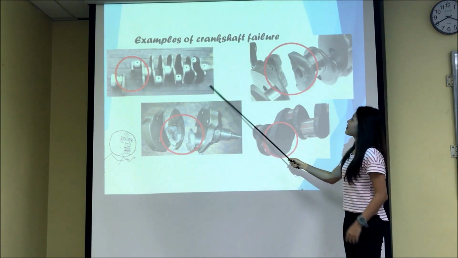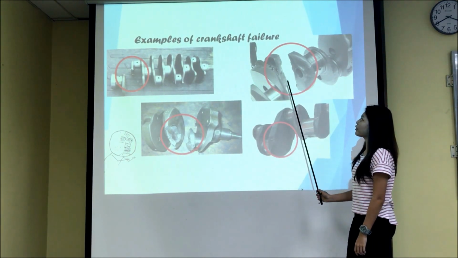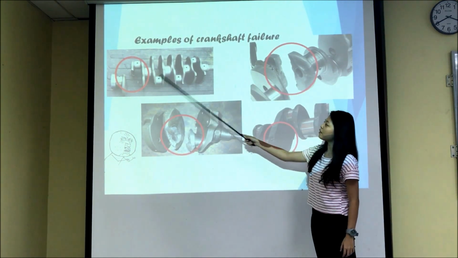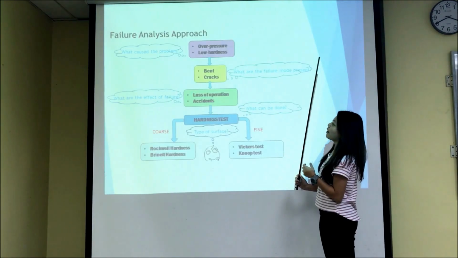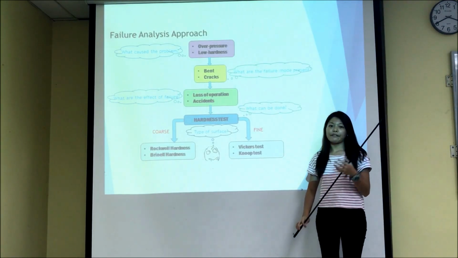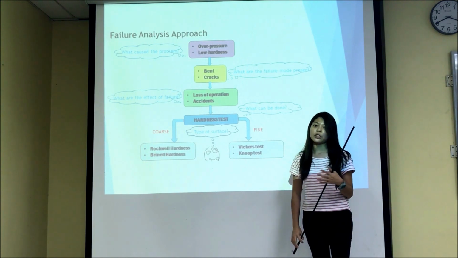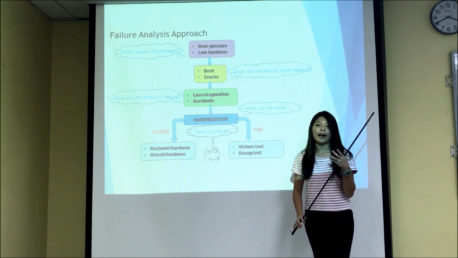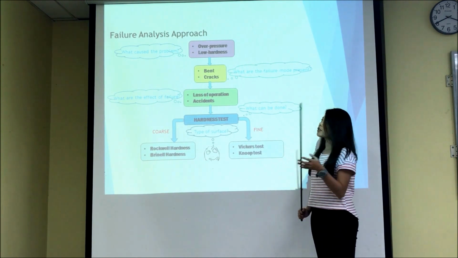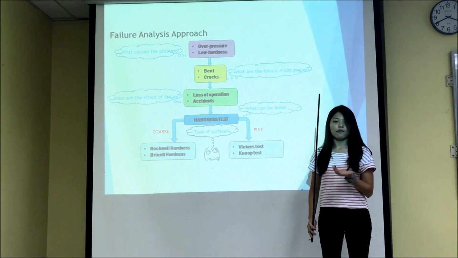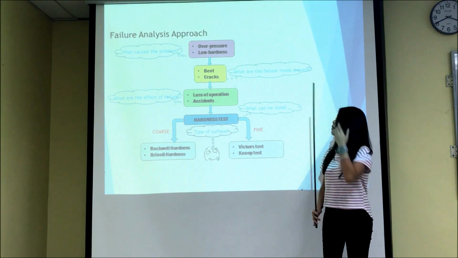So these are examples of crankshaft failure. We can see the circled ones, they are all either cracked or bent. First of all, we have to carry out the failure analysis approach, where we investigate why this failure occurred. We have to ask ourselves, what is the reason that caused the problem to happen?